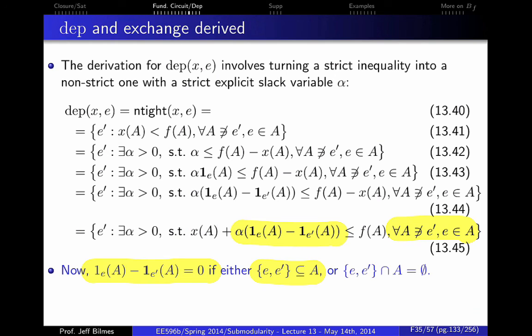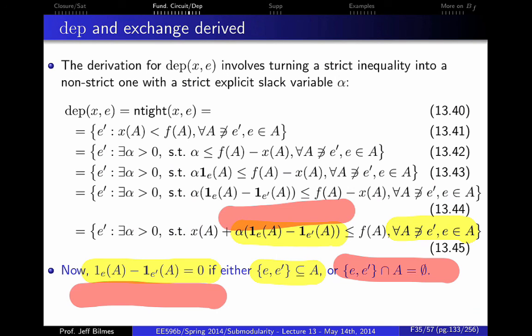Doesn't matter, because we're choosing x inside of the polytope, right? And so that guy doesn't change the set E prime. Similarly, if neither of them are in A, this guy's again 0, so this becomes vacuous still. So if they're both in A or neither in A, this guy becomes vacuous and it's clearly satisfied. Here what we're saying is that E is in A and E prime's not in A.